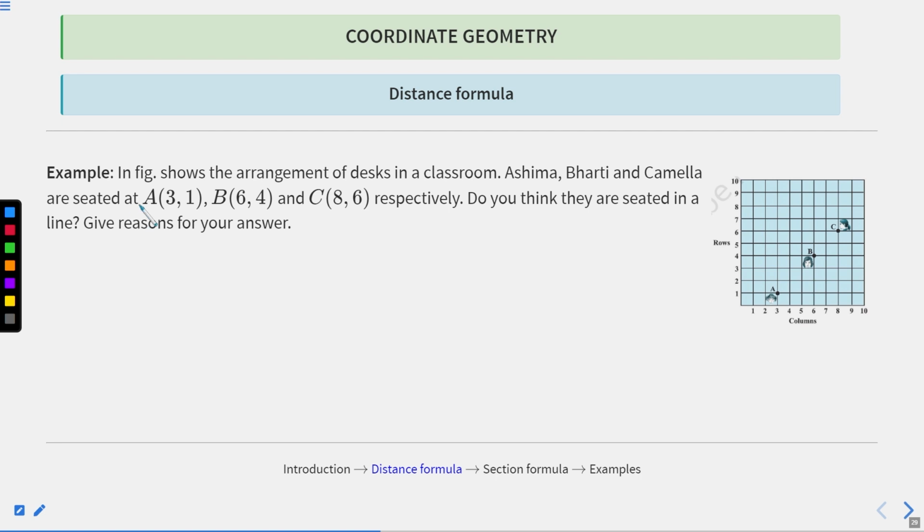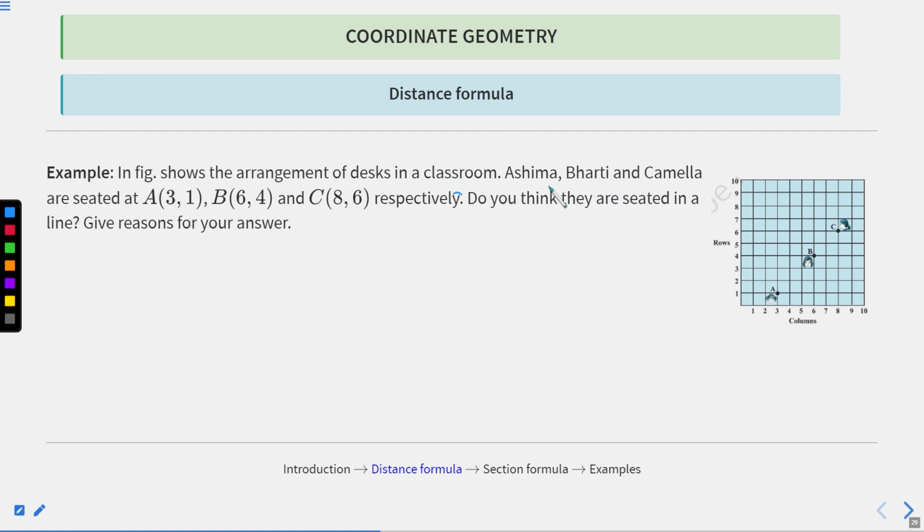In this example, the figure shows the arrangement of desks in a classroom.